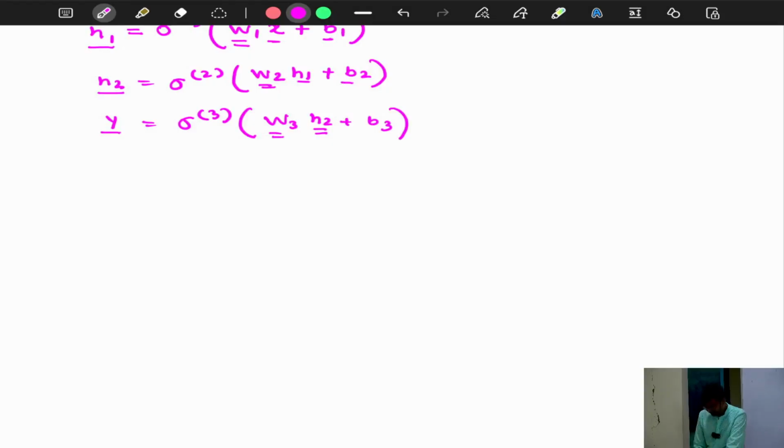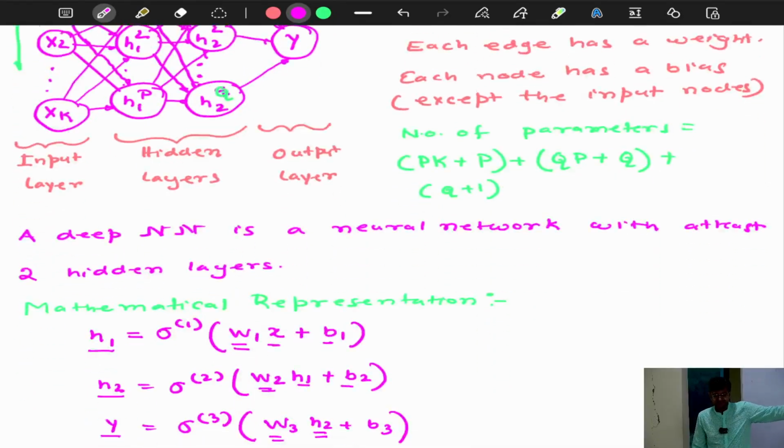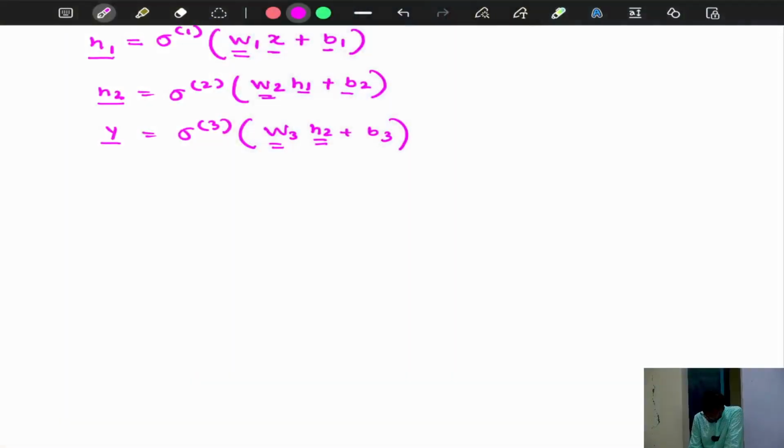I have written y as a vector. Keep in mind that in our diagram y is a scalar. So, I am generalizing, so that is why I have written y as a vector. If y is a vector, this b3 should also be a vector, otherwise b3 should be a scalar. I mean b3 and y should be of the same dimension, as simple as that.